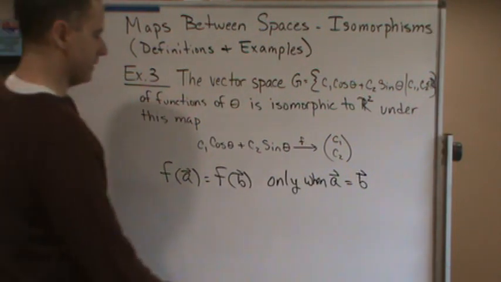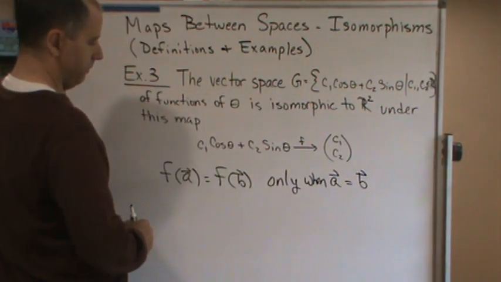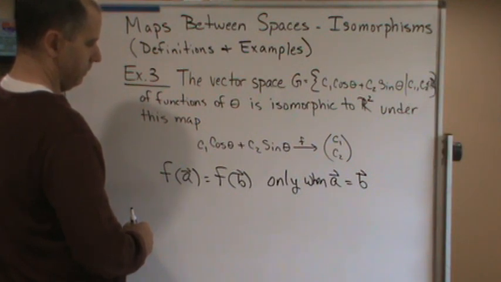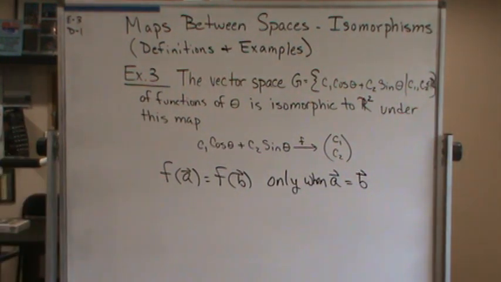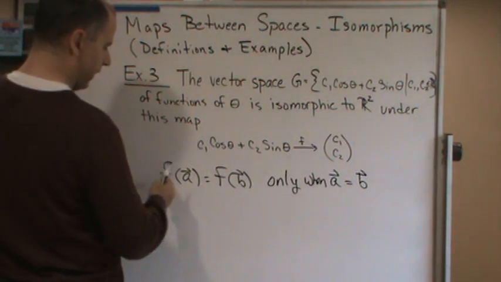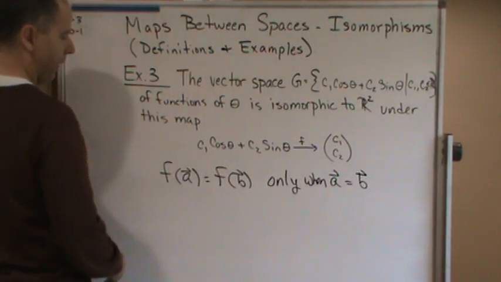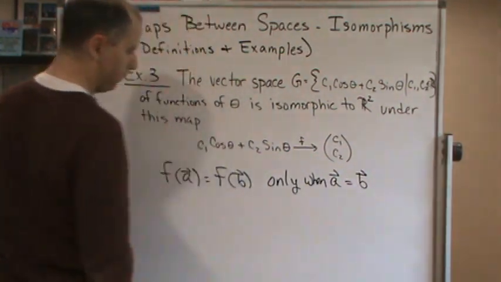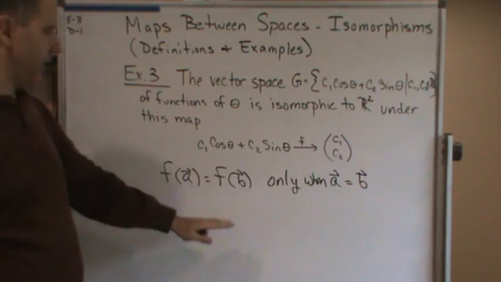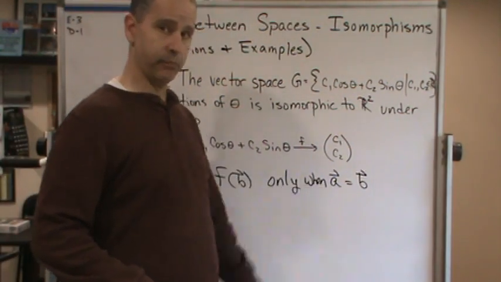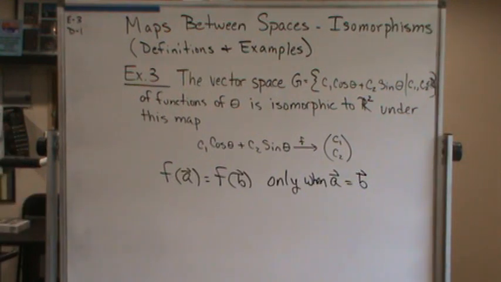Or you could think about this as an only if. So what does this mean? Well, that means we start with this and we say, if this is true, that will lead to this being true. So that's the way we show one-to-oneness. We start with this and we show that it leads to this. Same thing that we've done in algebra, same thing we're going to do here.